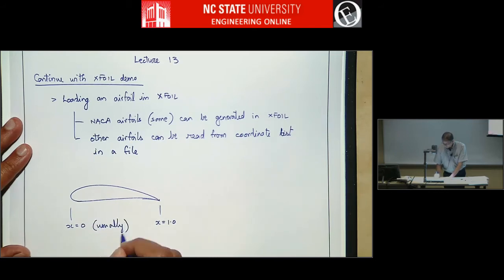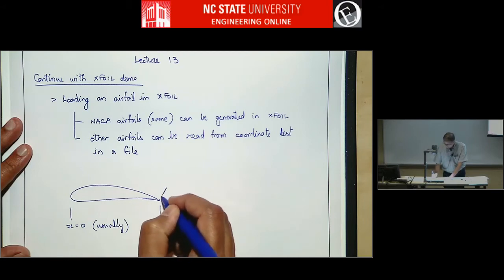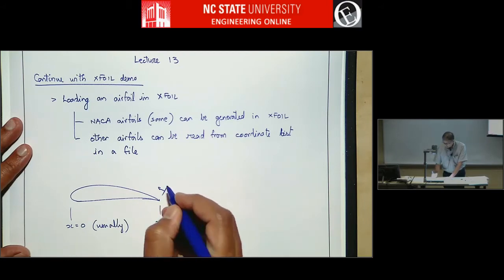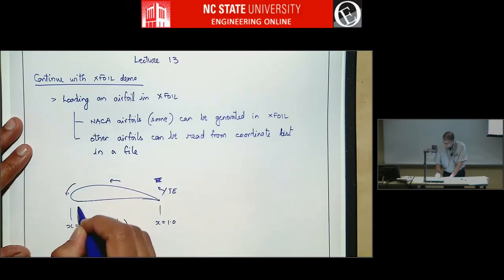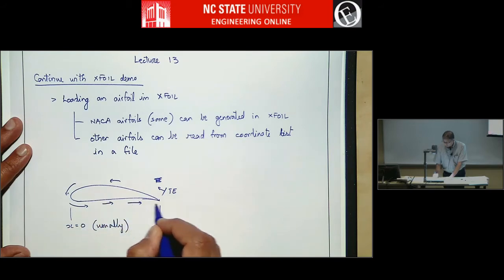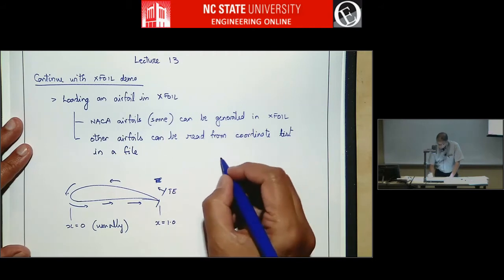It doesn't have to be like this, but usually that's how it is. So the coordinate lists will be x, y coordinates starting from here, and then you go around, you give one list of x, y coordinates and then come back here. So the file will look like this.